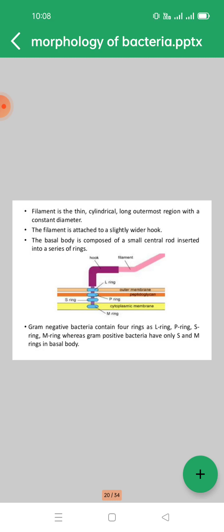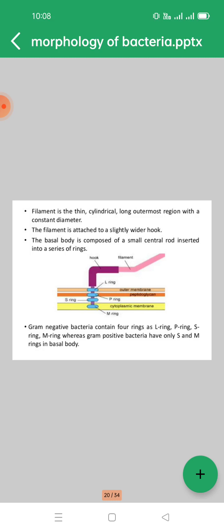The basal body inserted into the cell has rings: L ring, P ring and M ring. Gram negative bacteria contain all four rings, L ring, P ring, S ring and M ring, whereas gram positive bacteria have only S and M rings in the basal body. Only a few gram positive bacteria have flagella, while most gram negative bacteria have flagella.